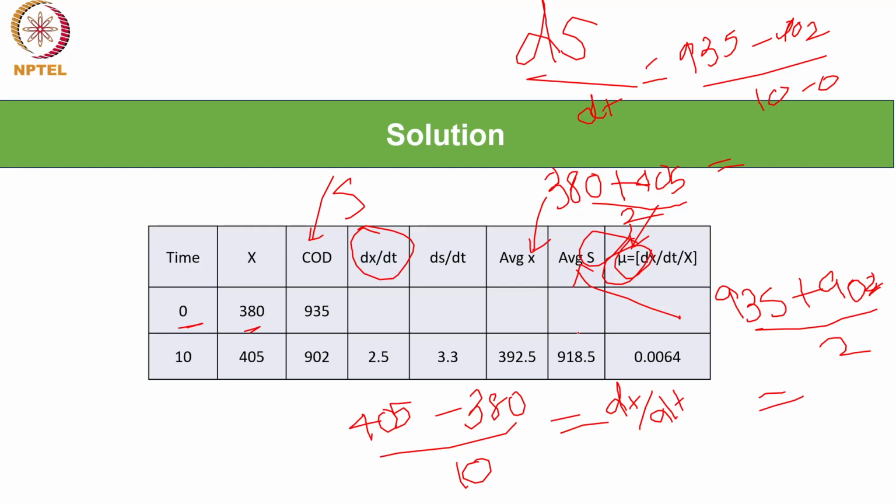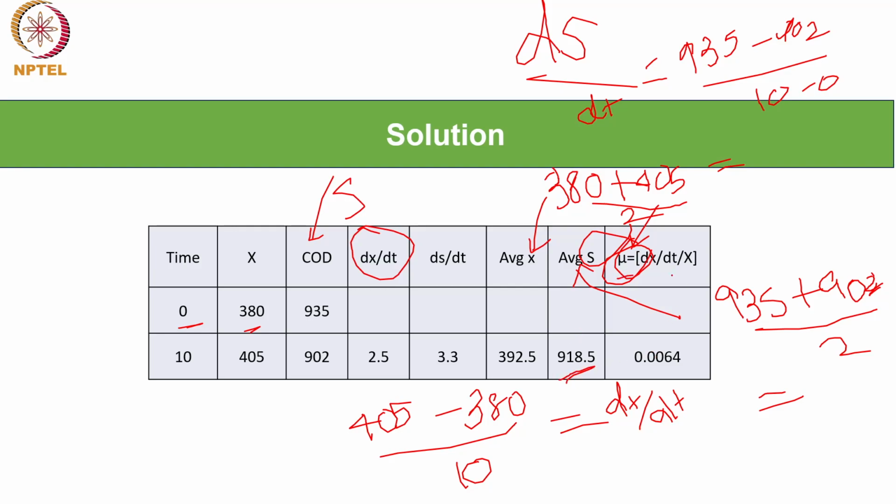Do the calculation, because I will also check the answer. Maybe my check answer can be also wrong. 935 plus 902 divided by 2. How much are you getting? Ma'am, it's 918.5.